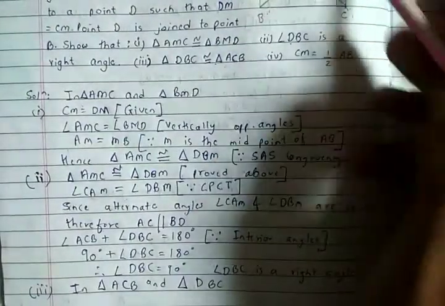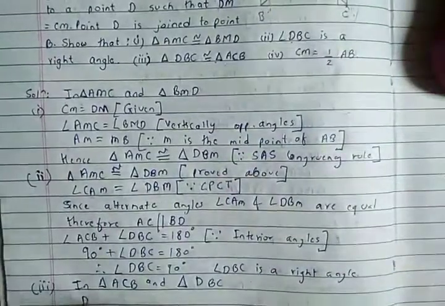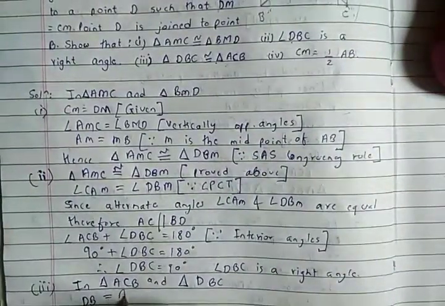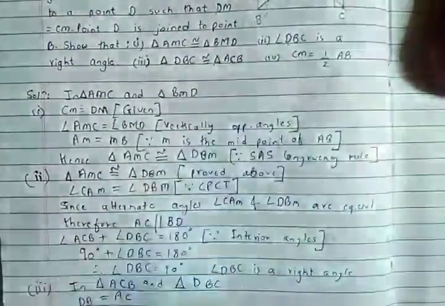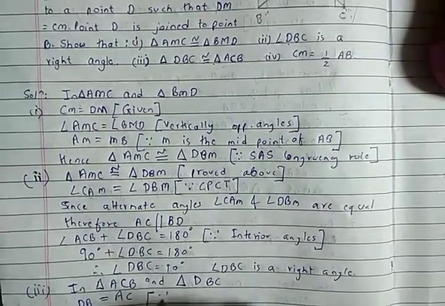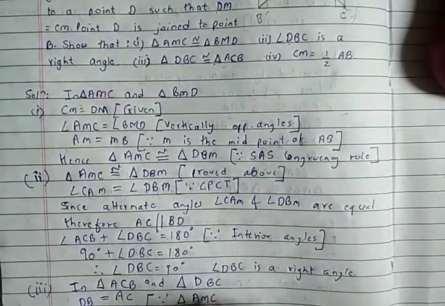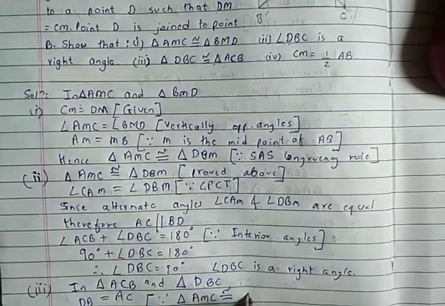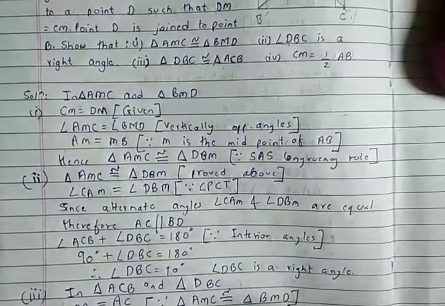DBC and ACB, these two triangles will consider. In this, DB is equal to AC. These both distances are equal. Why we can say? Because of congruency of AMC triangle with triangle BMD, right?